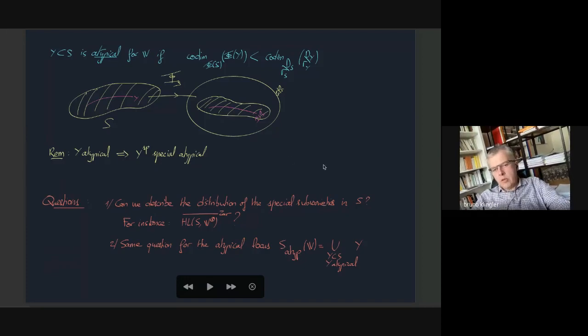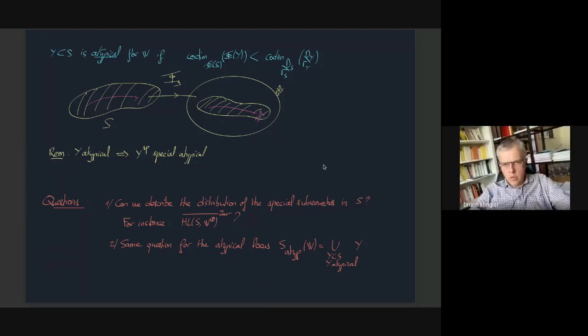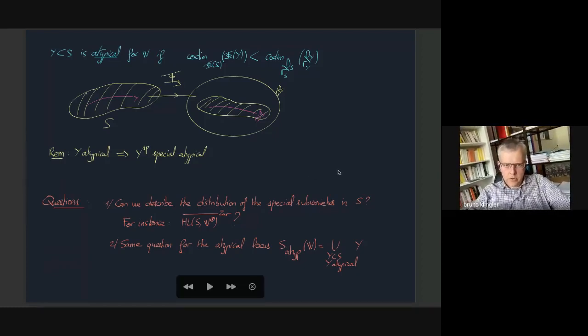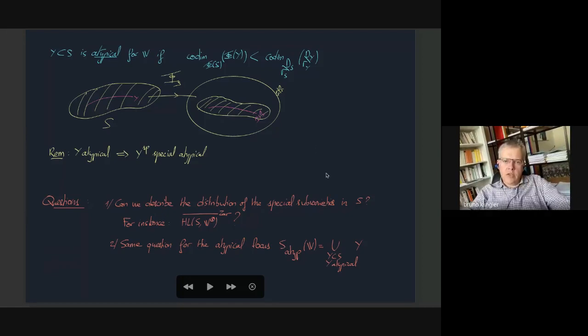So at that point, understanding Hodge loci in terms of intersection theory, you have a few natural questions that come to mind after looking at the Cattani-Deligne-Kaplan result. The first one is to try to describe the distribution of these special subvarieties. You know that you have countably many, but a basic question, for instance, is what can be the Zariski closure of this Hodge locus, of the union of all those special subvarieties?